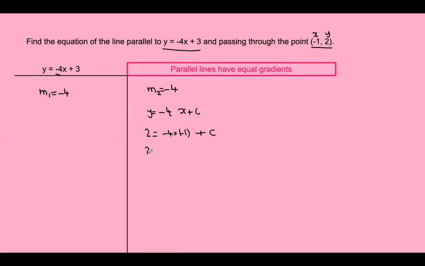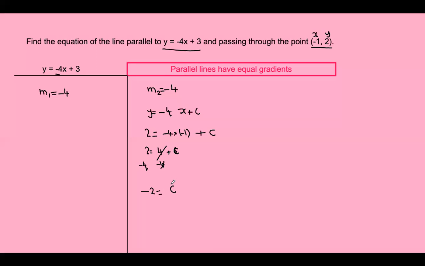Okay, let's carry on with our operations. So 2 equals minus 4 times minus 1 is 4, because two negative numbers give a positive number, plus c. Get rid of the 4, so minus 4 from both sides. Okay, and 2 minus 4 equals minus 2, so minus 2 equals c.